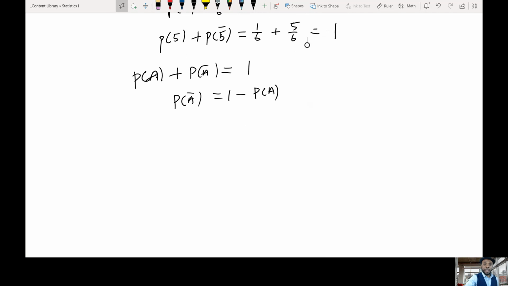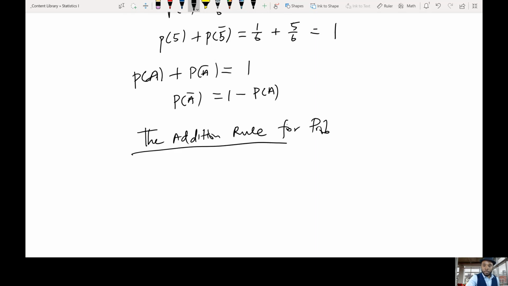Okay, so let's move on. Next we're going to look at the addition rule for probability. By the word addition, we mean that there is more than one event we'll be looking at.